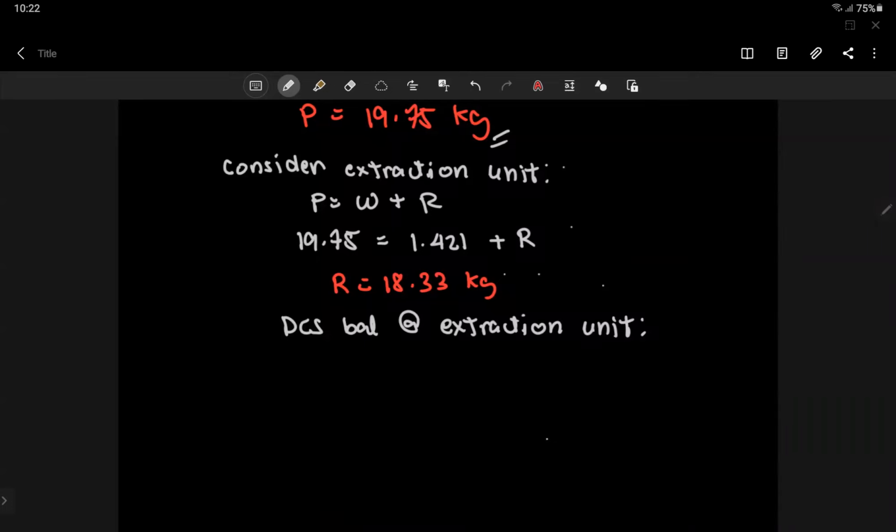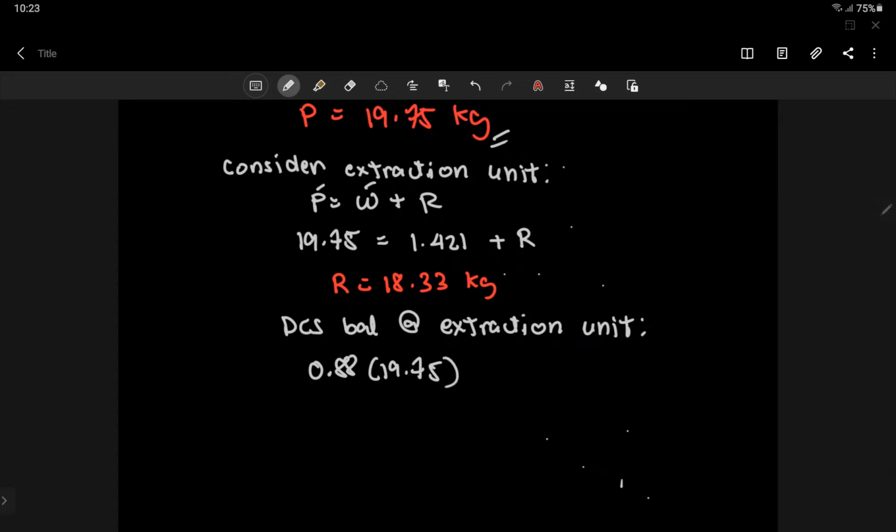Pero ngayon baka meron na kasi meron na tayong additional derived or solved values. Okay, so DCS balance in the extraction unit. Remember that ang DCS kay P ay 88%. So 0.88 times P. Ano ba yung P? 19.75.